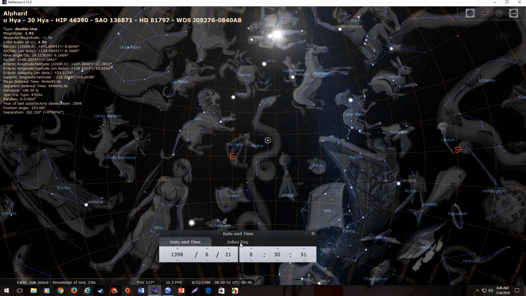Also, from the money pit to Roslin Chapel or Roslin Castle has a compass bearing of exactly 50.85. This is the exact bearing from the money pit to Roslin Castle or Roslin Chapel.